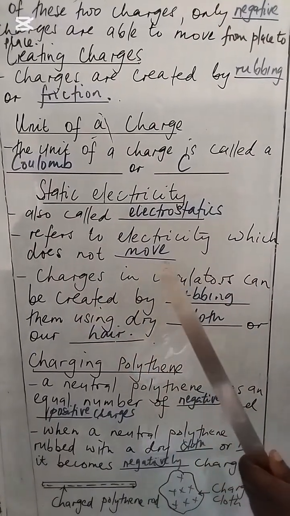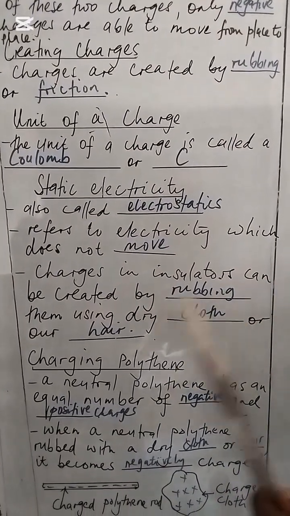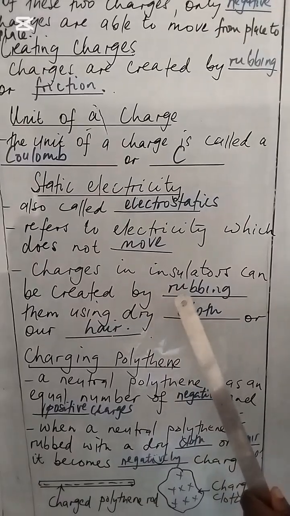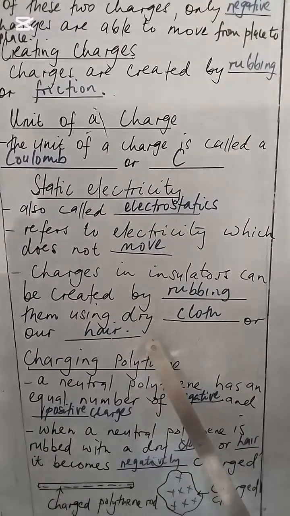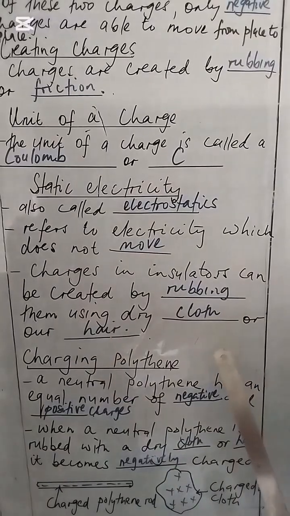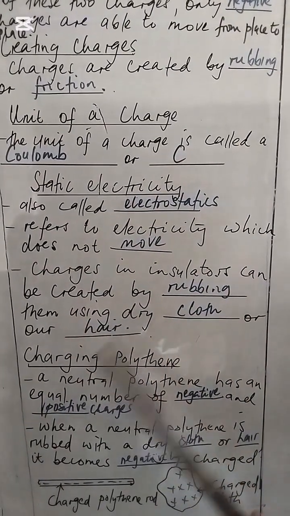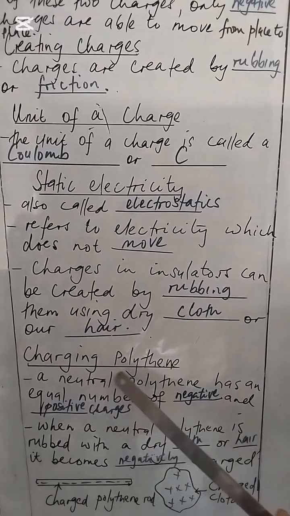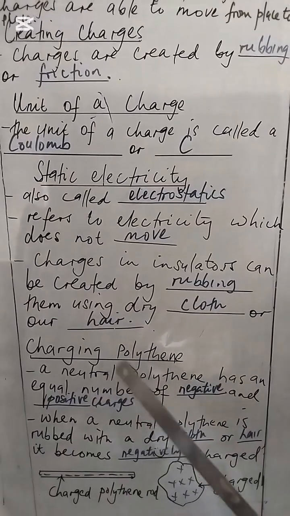Charges in insulators can be created by rubbing them using dry cotton or simply our hair or fur, if it is an animal like a cat, a cow, etc. We want to look at how we can charge polythene.